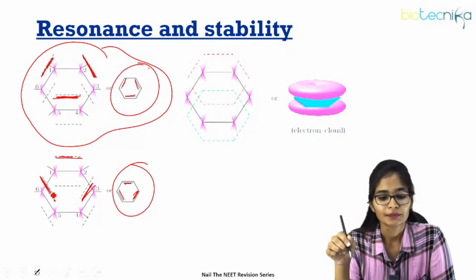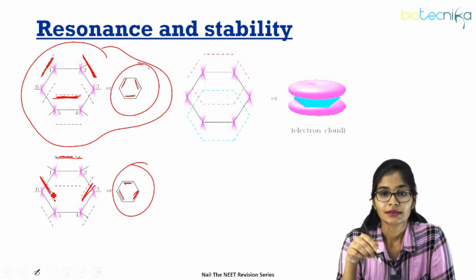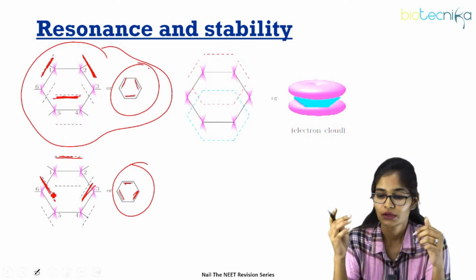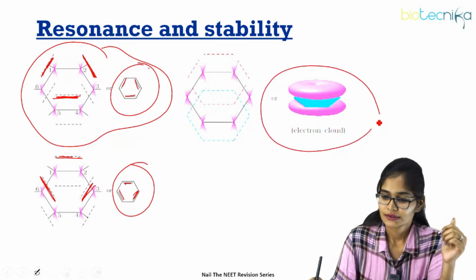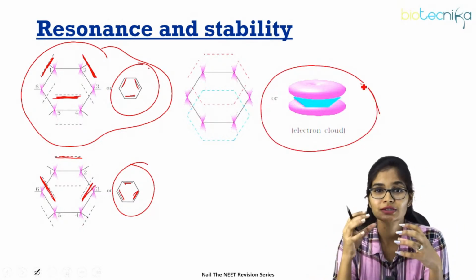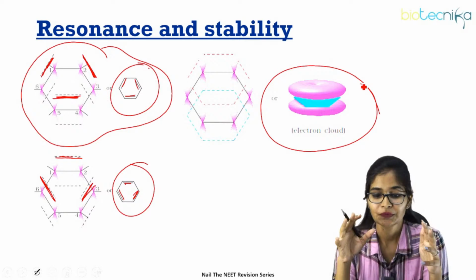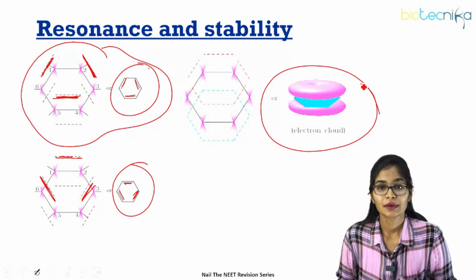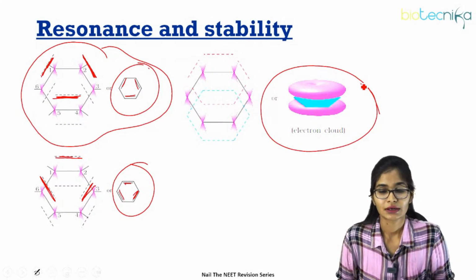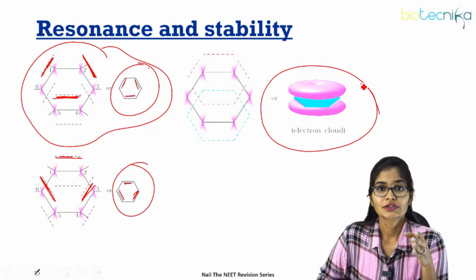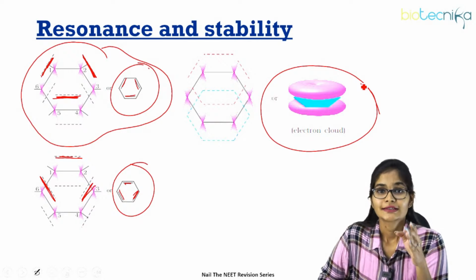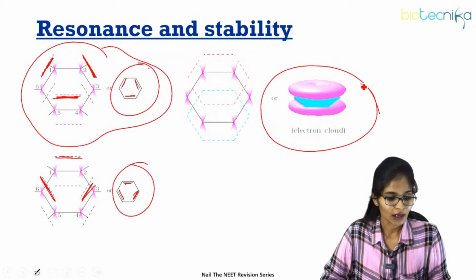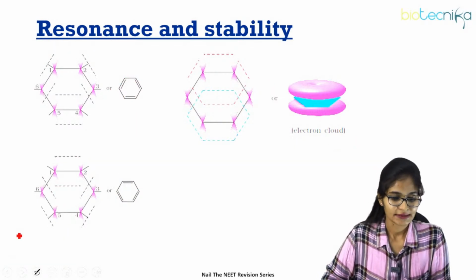Like that, the pi bond formation represents how the electron density is distributed inside the ring all over. This is the electron cloud you can imagine as the electron density inside the ring. Because of this resonance concept, benzene is more stable compared to all other molecules. And when the resonance concept has arisen, similarly the benzene ring has the aromaticity property, so you have to know what exactly aromaticity is.